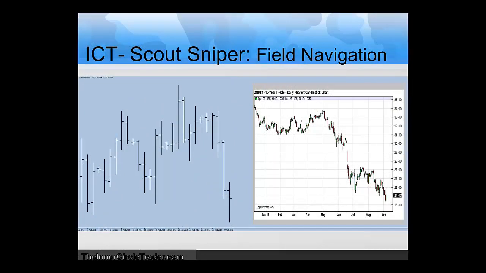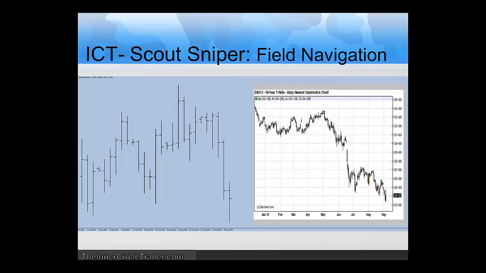Okay, we are looking at a 10-year T-note daily chart. And I'm sure you're probably asking yourself, okay, well, when did we enter the commodity realm? Well, I started as a commodity trader, and I learned from Larry Williams, one of my first mentors, that the interest rate market was basically the market that controlled just about every market asset class there is.